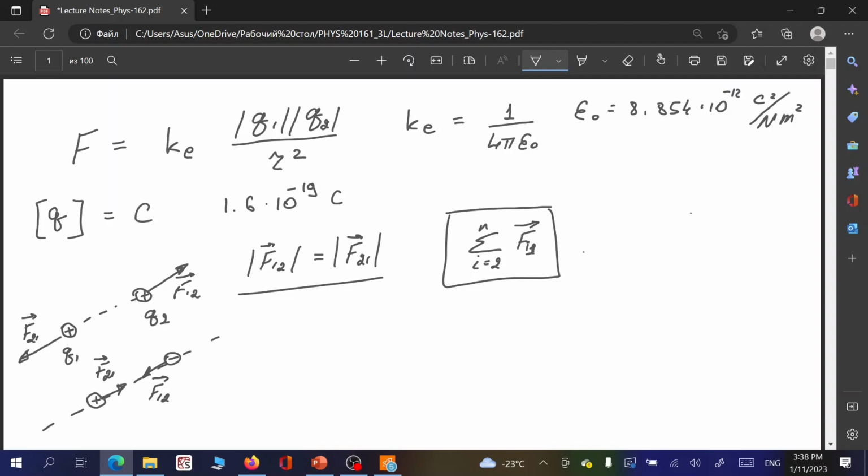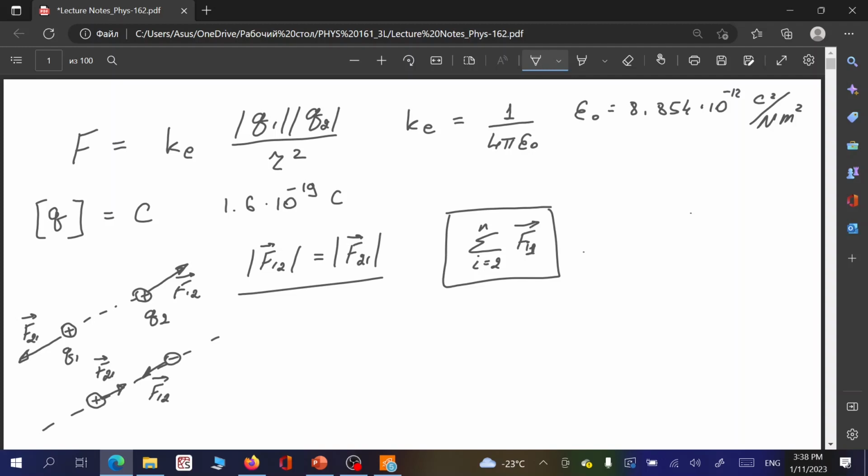We also want to write the Coulomb law in vector form. That gives us a possibility to deal with the vector, like the orientation of the electric force, not only its magnitude.